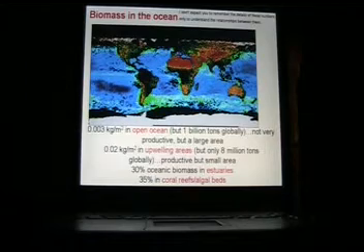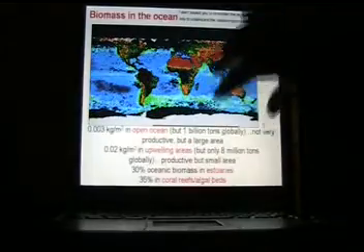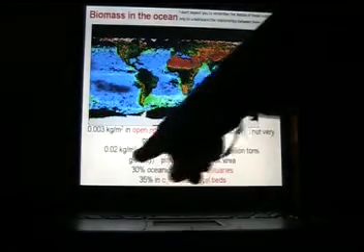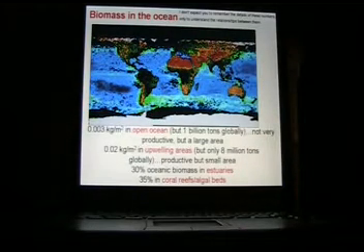In contrast, in upwelling areas, places where that cold nutrient-rich water comes up from the bottom, we see that the productivity is 0.02 kilograms per meter squared. Only 8 million tons globally. So it is productive in terms of the ocean biomass, but it's a small area. 30% of the biomass in oceans is actually found in those estuaries we talked about, and 35% in coral reefs and algal beds.